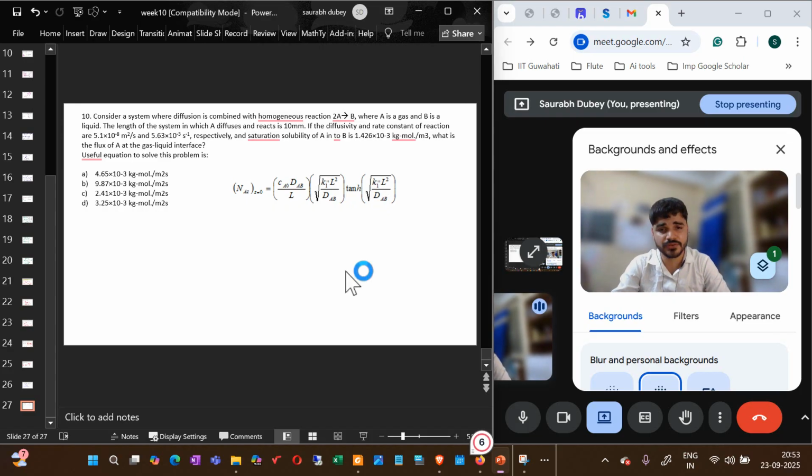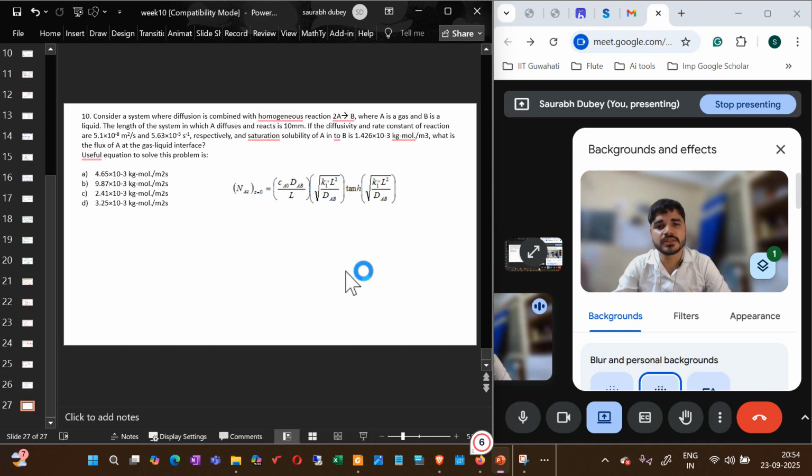So in that you saw, there could be heterogeneous reaction happening and there could be homogeneous reaction happening. If heterogeneous reaction is happening, then you have a boundary condition, where a concentration can be assumed at the surface of the catalyst, and there only the reaction is happening.